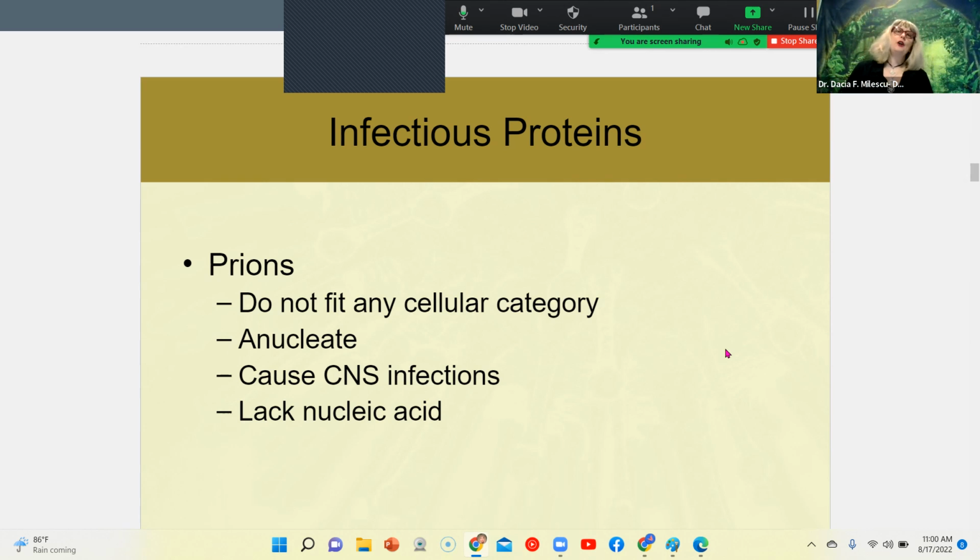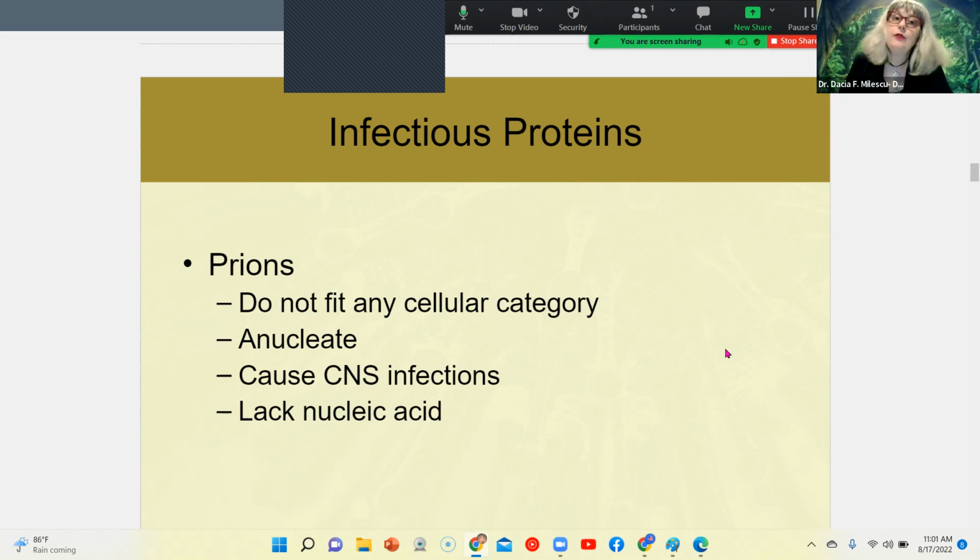Okay, so unfortunately, we can't integrate them into the category of viruses or bacteria. So we made a new separate category just for prions. They don't fit any cellular category of description in microbiology. They are anucleate, they don't have a nucleus, they cause CNS infections, and they're really, really basic.